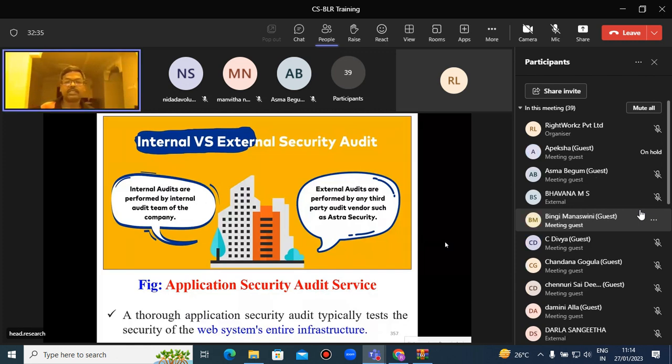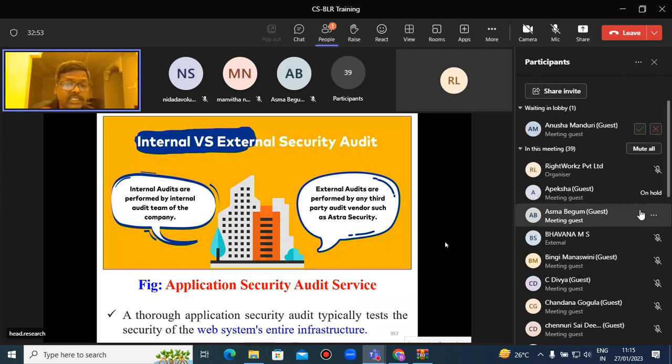In the company itself there are experts and senior members. They do internal quality assurance. They check their files, their records, and their activities toward security mechanism. That is called internal audit.